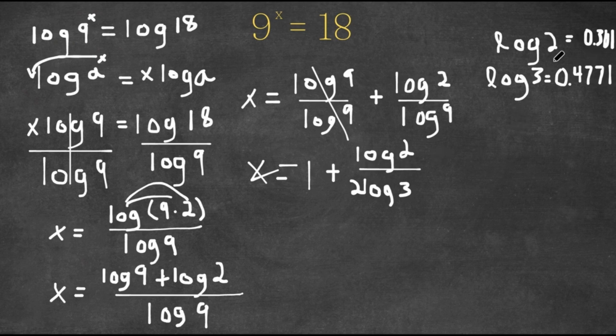So now if I plug in these numbers, we would get 1 plus log 2, which is 0.301, over 2 times log 3, which would be 0.9542.